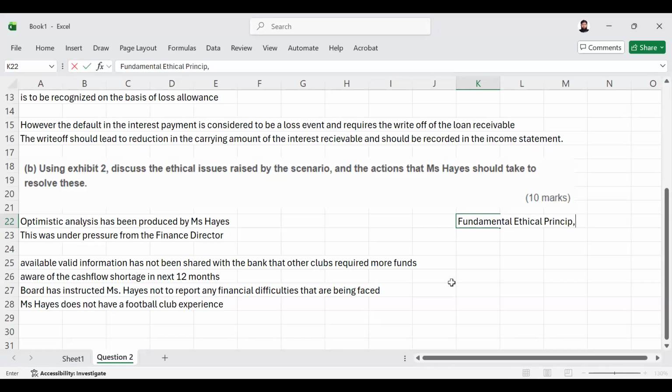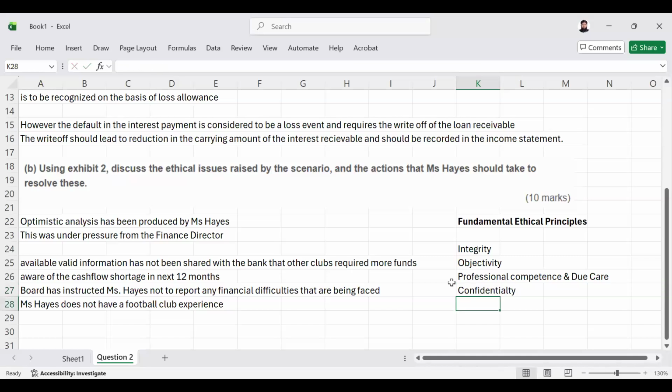Fundamental ethical principles. When I talk about fundamental ethical principles, they are integrity, objectivity, professional competence and due care, confidentiality, and then professional behavior.